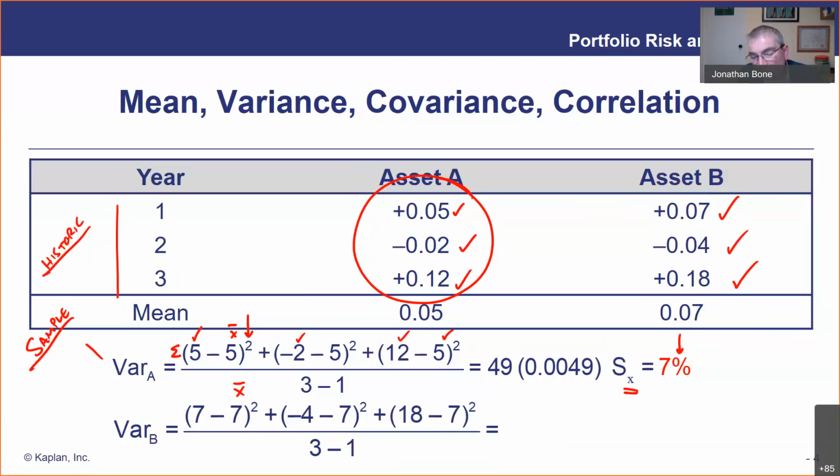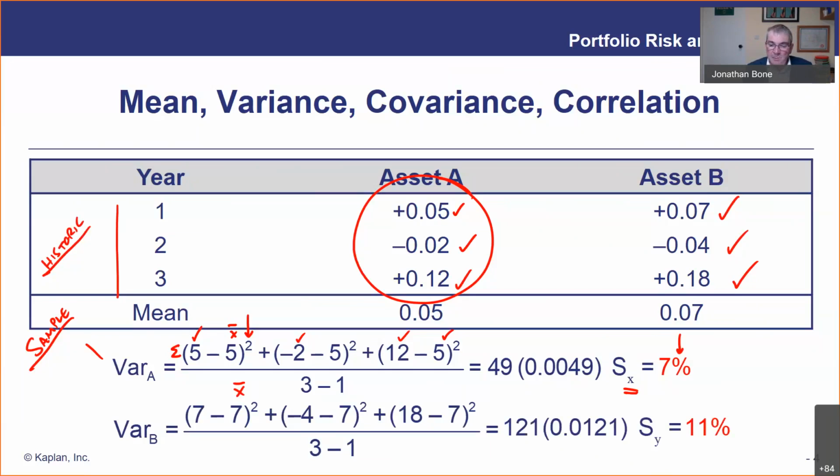If you've got probabilities in the question, so it tells you the asset's return and the probabilities of those returns occurring, and those probabilities add up to 1, because you're looking at all possible future outcomes, then you would be looking at population standard deviation and variance. So typical rule, if you're using historic data, then it's sample standard deviation and sample variance. If you're forecasting and you've got probabilities that sum to 1, then use population standard deviation and population variance.